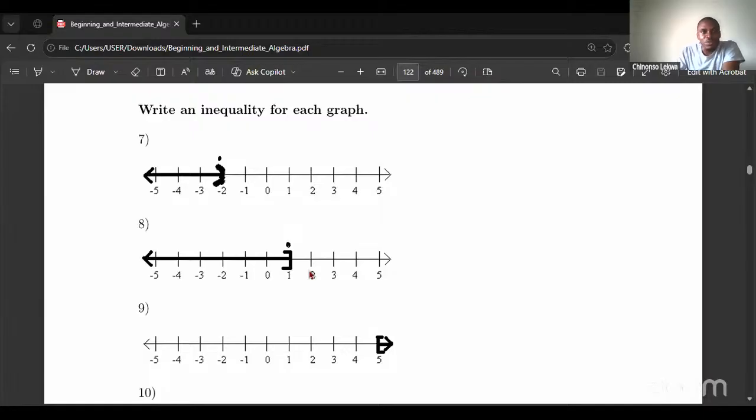So we take note of that. The answer to question 7 would be x is less than -2. What this means is I can pick any value of x that is less than -2. For example, -3, -4, -5 to negative infinity will satisfy this particular inequality. So this is the way of writing that.